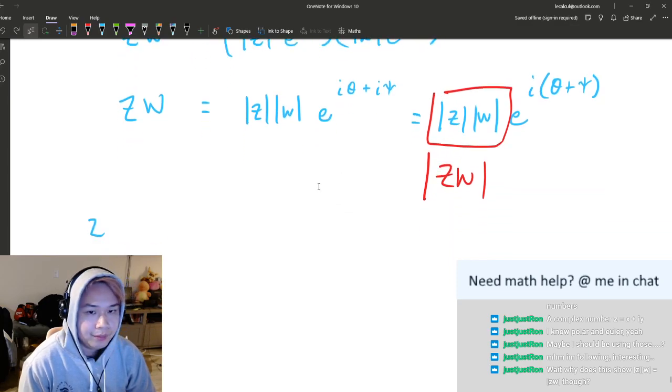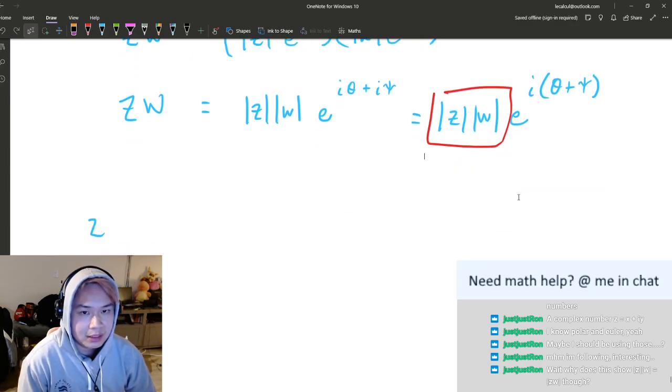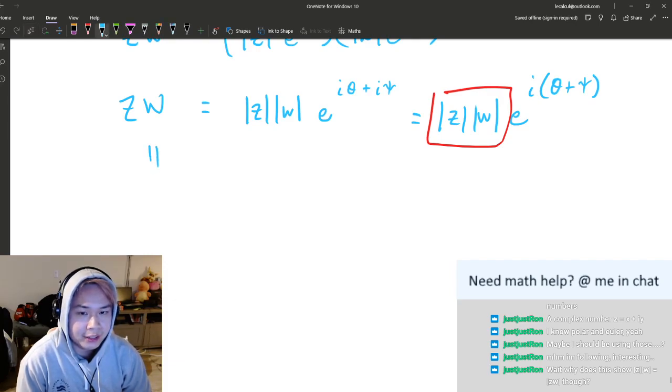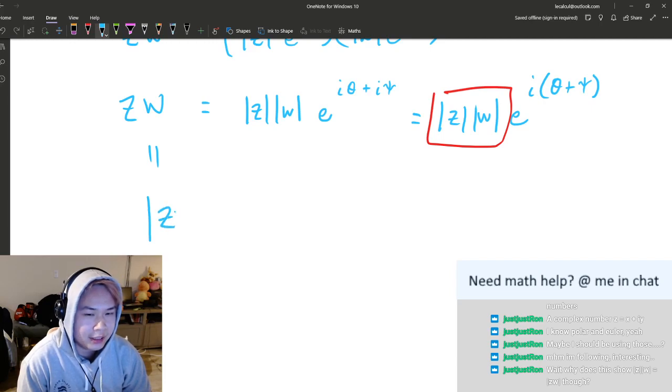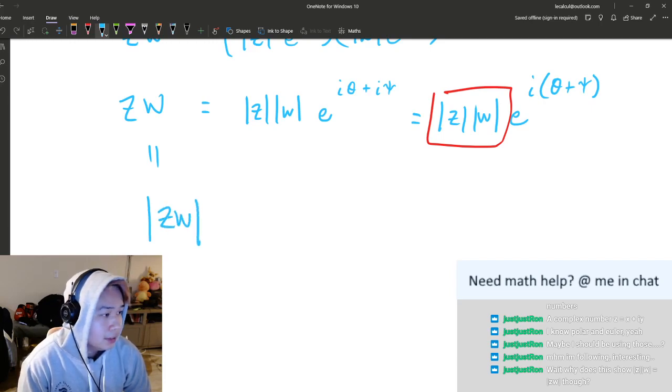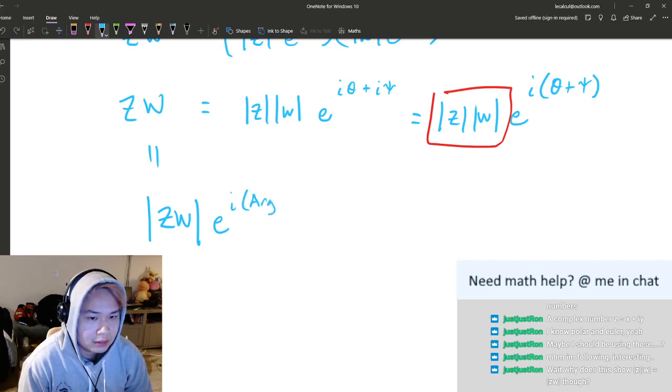Why does this show it? Because the Euler form of zw is by definition whatever the magnitude of zw is times e to the i times, I'm just going to call it the arg of zw.